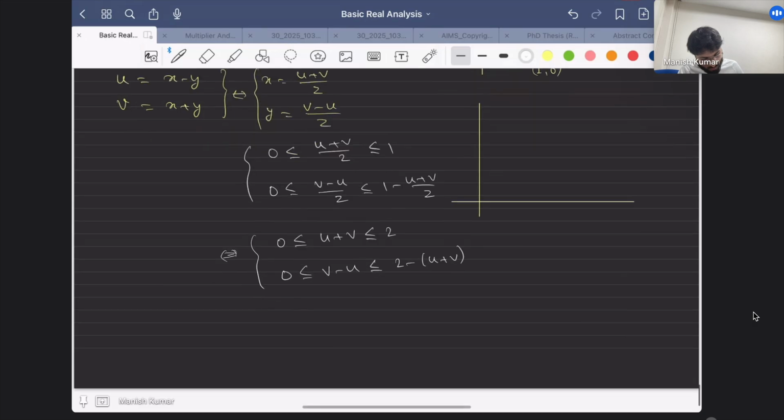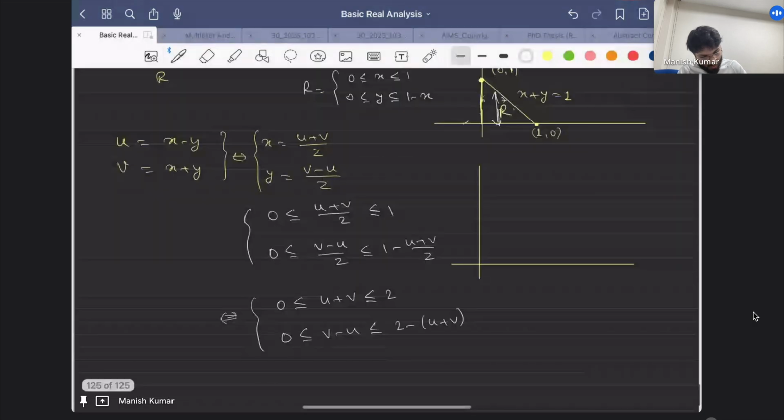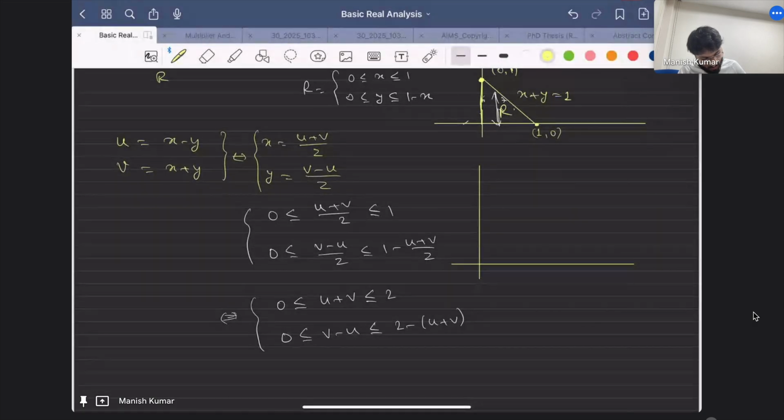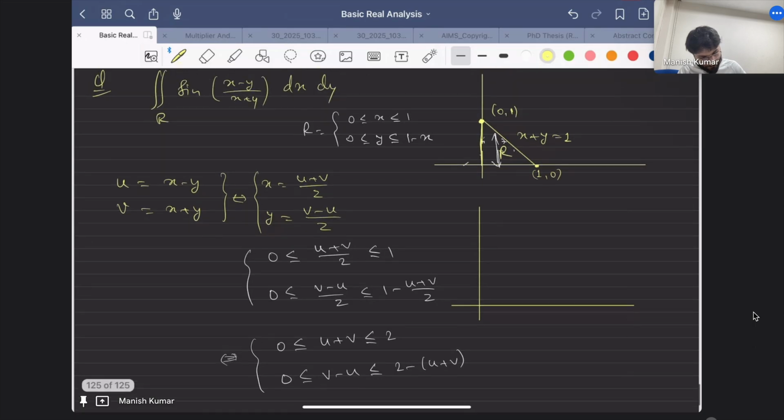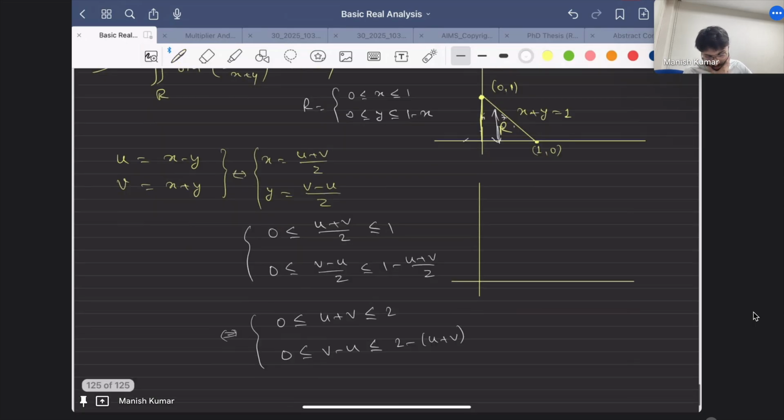So u plus v, from here can I reduce it to 1? What you can do is, should I write it another way around?